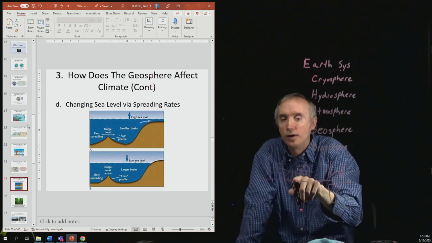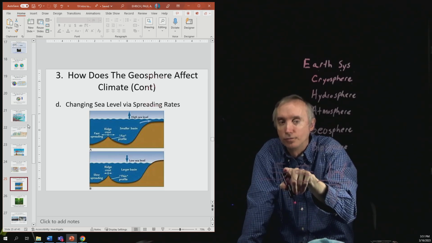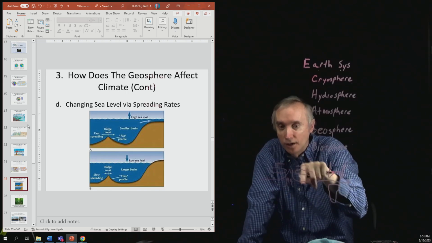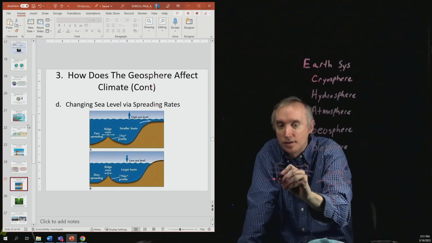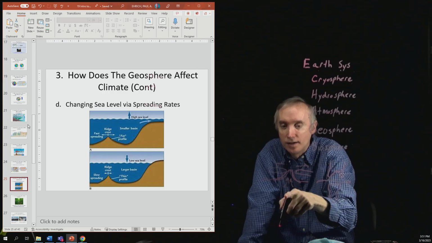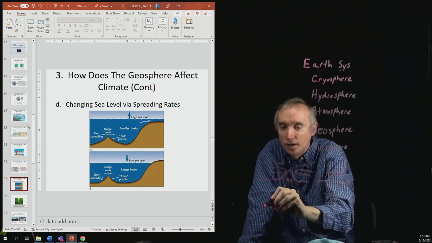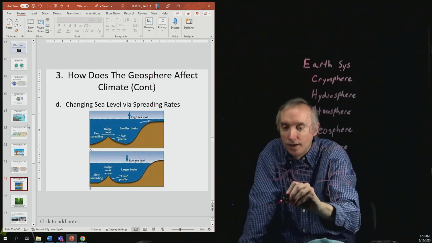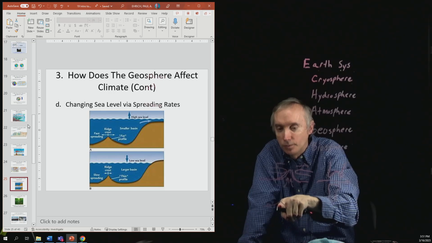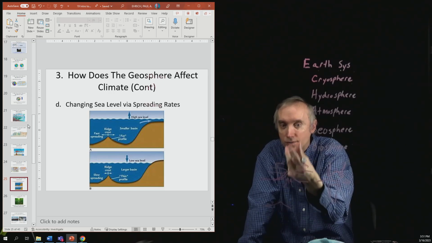So if you have a spreading zone region that has a high rate of material coming up, then this is going to be topographically higher than, let's say, down here. Here's another spreading center that is not so active, and so you notice it doesn't push up the ground as much.